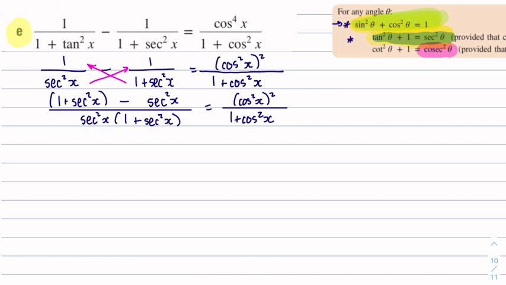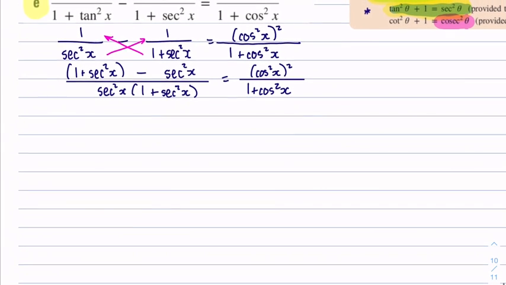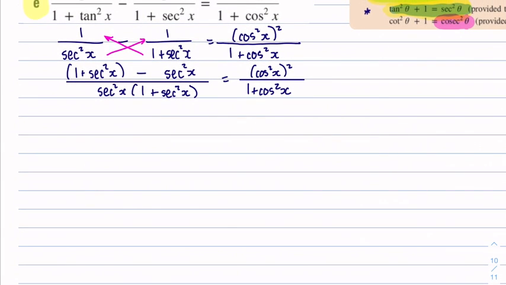Now if that had been 1 minus cos squared x, I would have chucked sine squared x straight in. So this is the same on the top, it's 1 plus sec squared x take sec squared x. So you can see those are going to cancel out. On the bottom I've got sec squared x plus sec squared x squared.